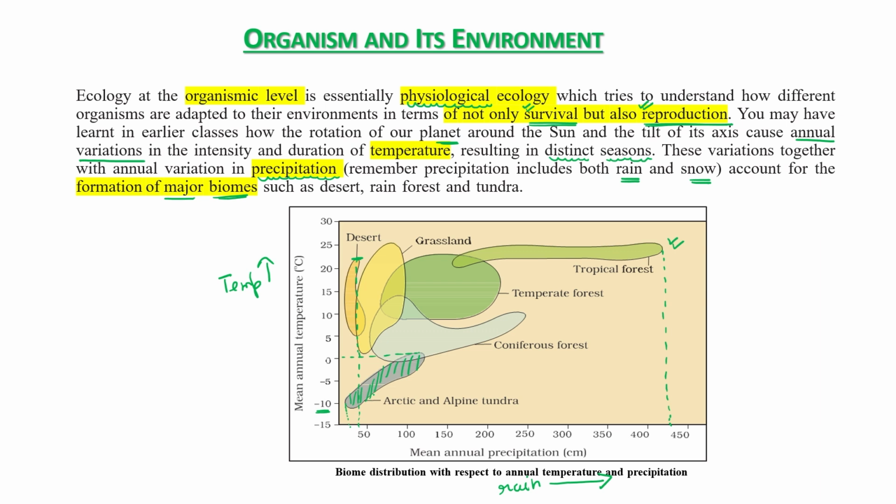These 3 points. I hope these 3 points are clear right now. Okay, so maximum rainfall, tropical rainforest, minimum rainfall, desert, right? Minimum rainfall with minimum temperature, Alpine and Arctic tundra.